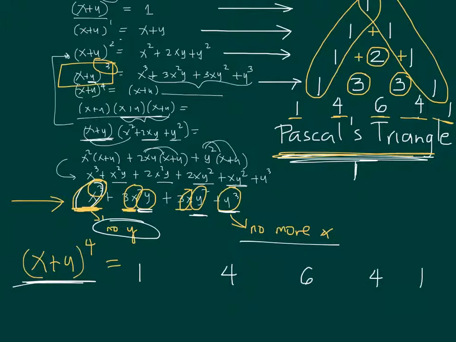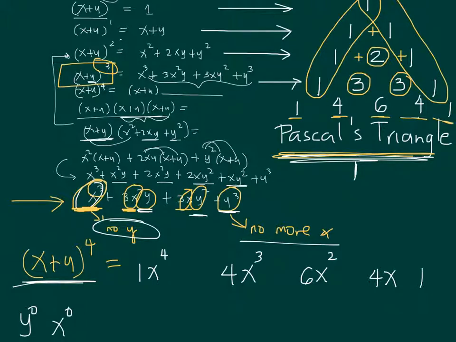Okay, following the pattern for the x, x will start with the 4, then cube, then square, and x, and then no more x. The y, so no y. No y actually means y to the 0. No x basically means x to the 0, which is consistent with the pattern of the exponents of x and y.